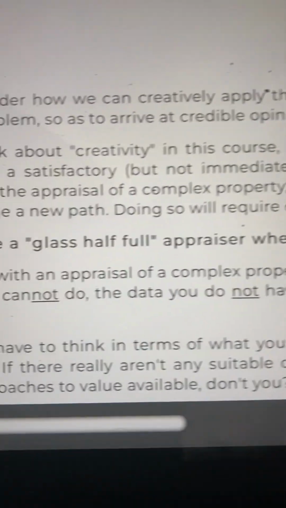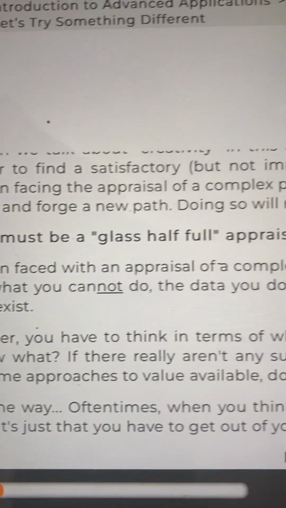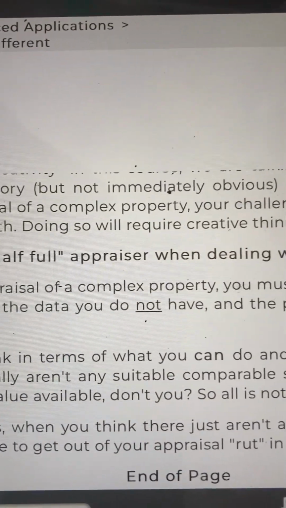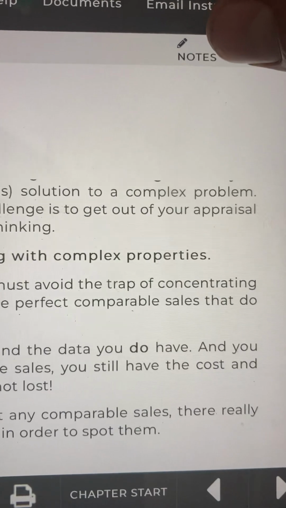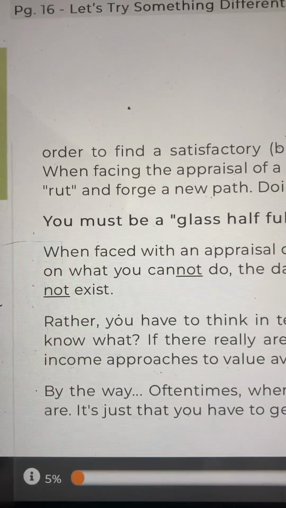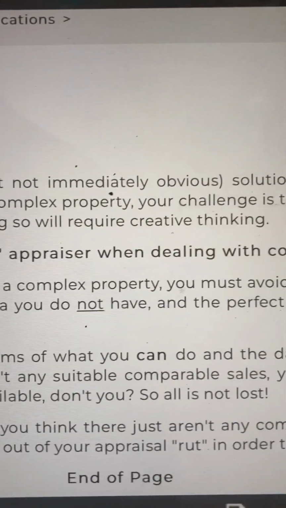So all is not lost. By the way, oftentimes when you think there just aren't any comparable sales, there really are. It's just that you have to get out of your appraisal rut in order to spot them. End of page.